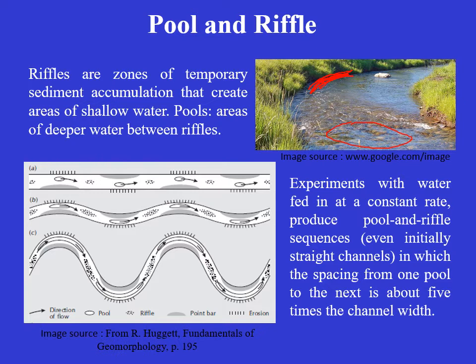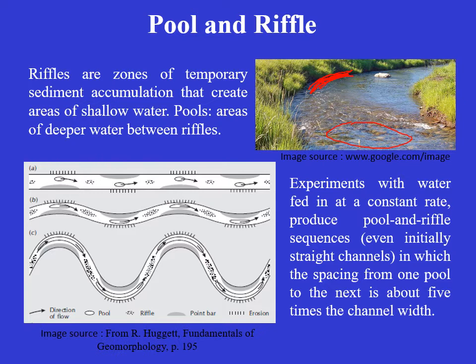So in flume studies, when water is flowing at a constant rate in an experimental setup, obviously it produces pool and riffle sequences in straight channel rivers also. Here you can see this is an experimental picture. In straight channels also, these pools and riffles are formed.